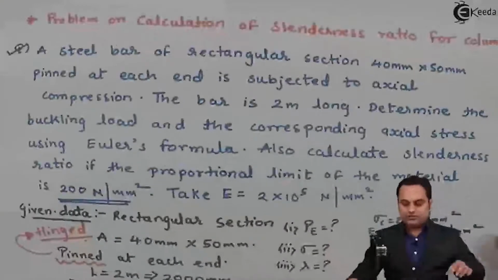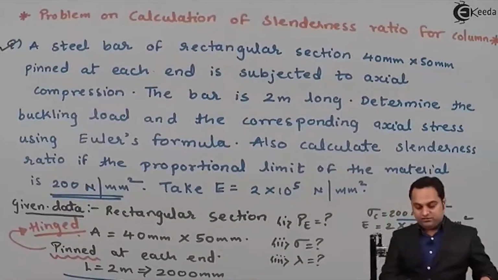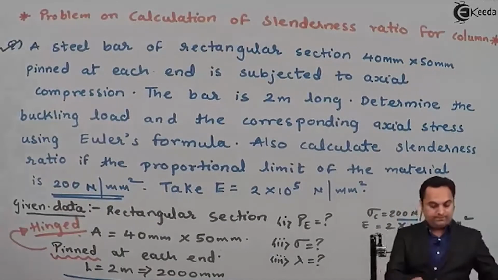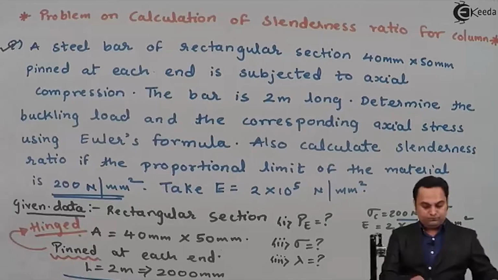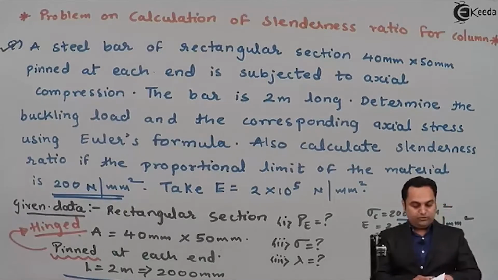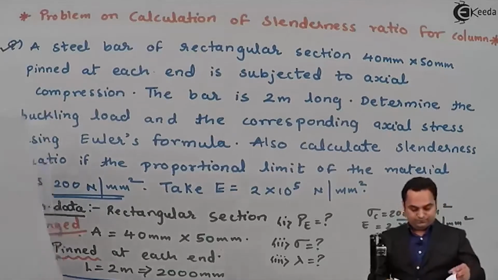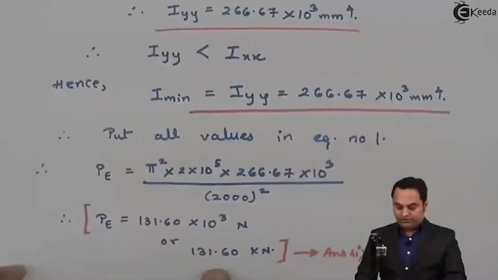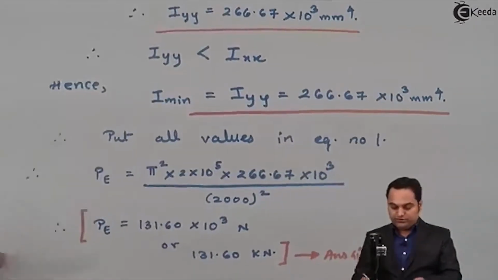If we see in this question, there were three things asked. First was Euler's load, and that Euler's load we had calculated, it was 131.60 kilonewton. So this was the first answer.